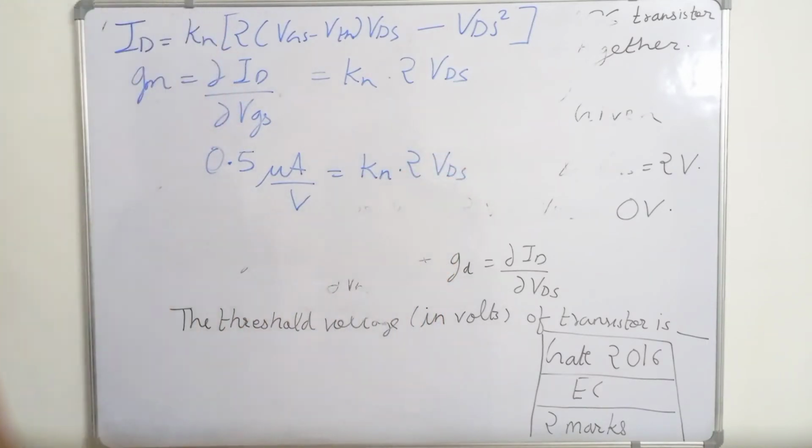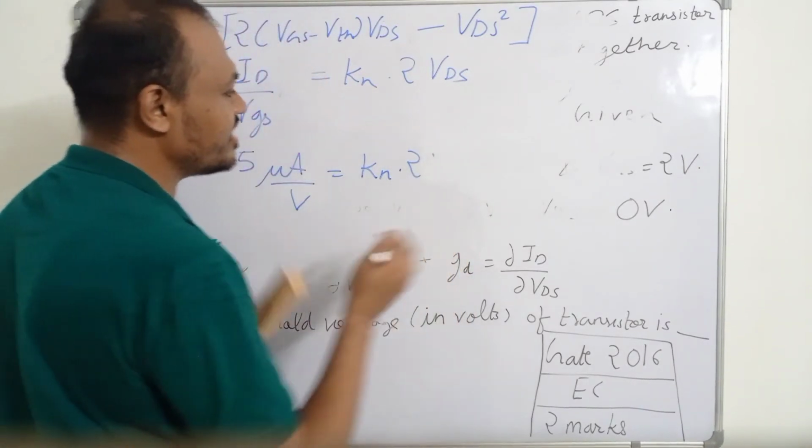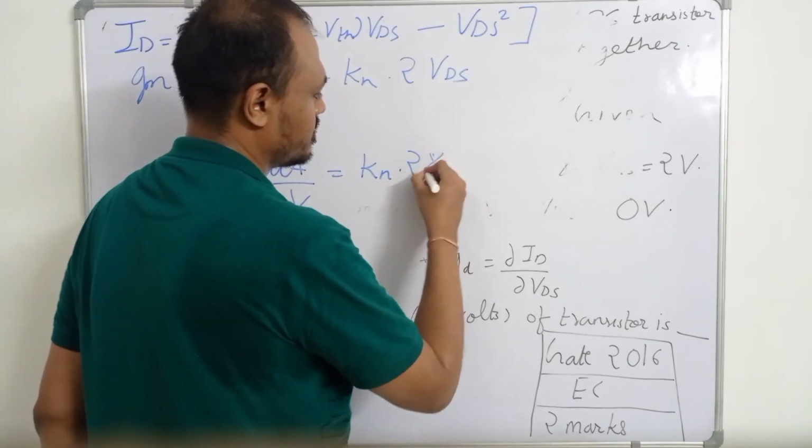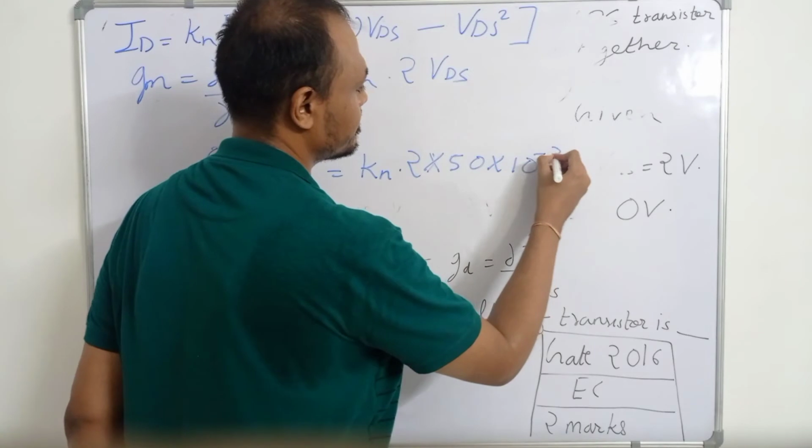And VDS was given as 50 millivolt, so 50 into 10 to the power minus 3.